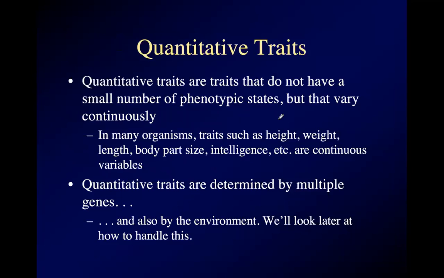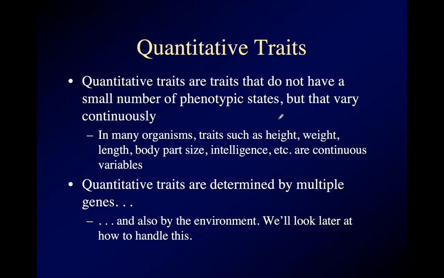Pea plants can be either tall or dwarf. Humans are not either tall or dwarf. We're not all either thoroughbred jockeys or NBA centers. We have some people that are very short and some people that are very tall, and most of us are kind of in between. That's more or less a bell curve distribution.